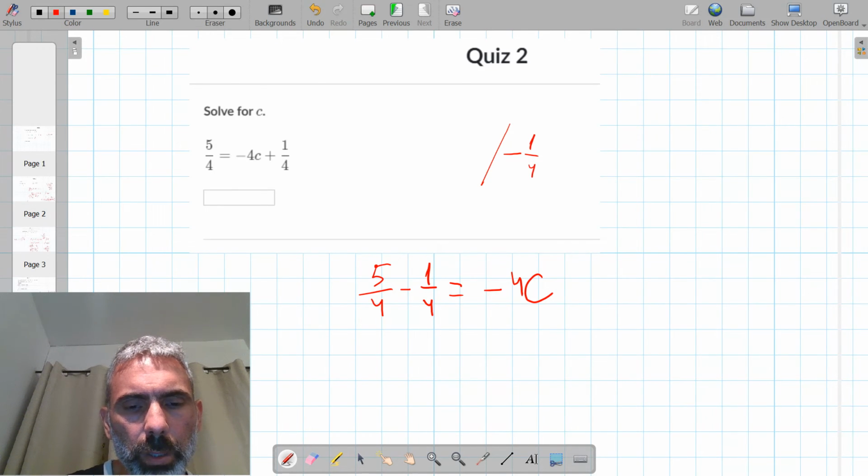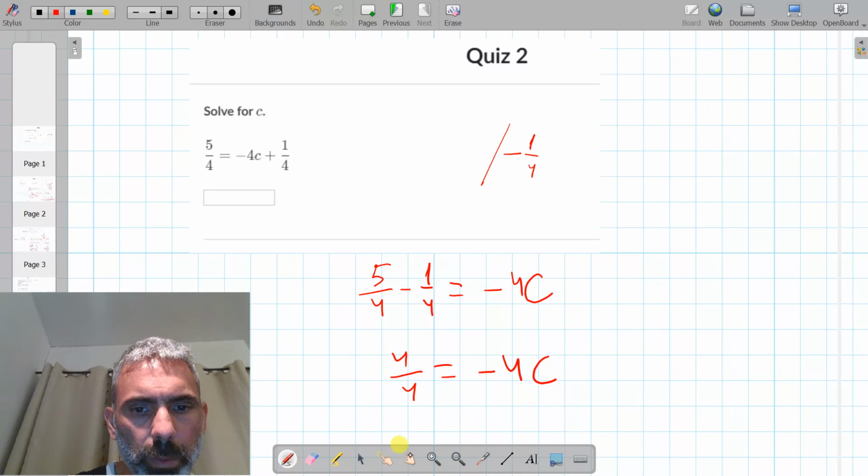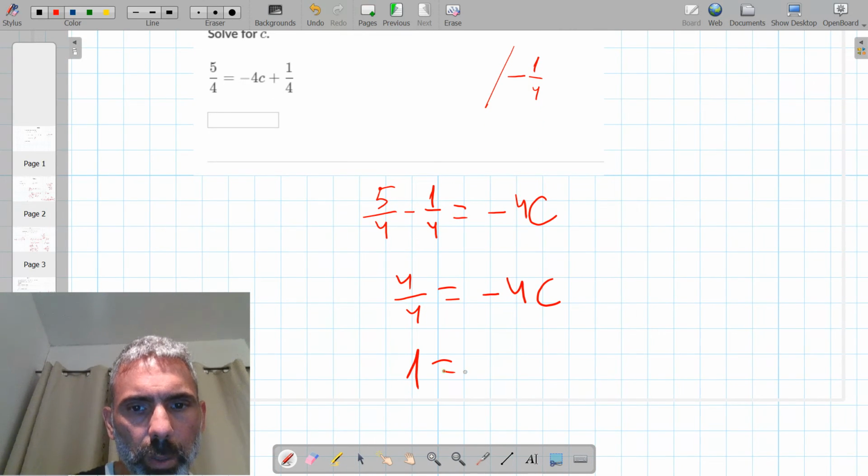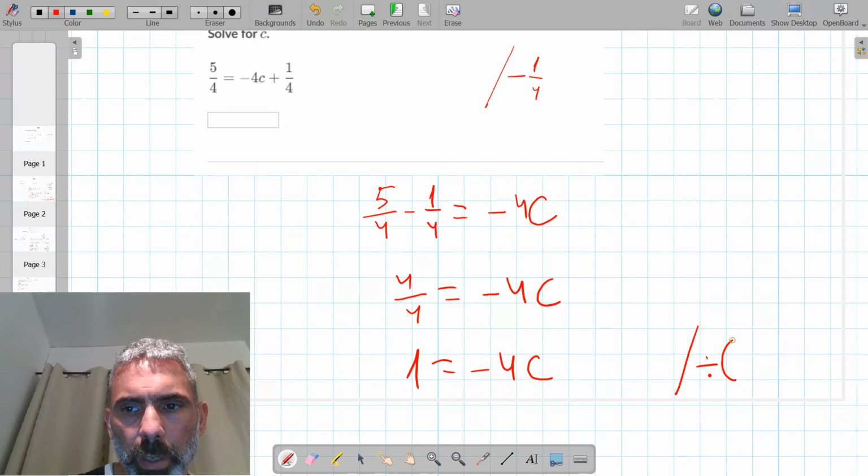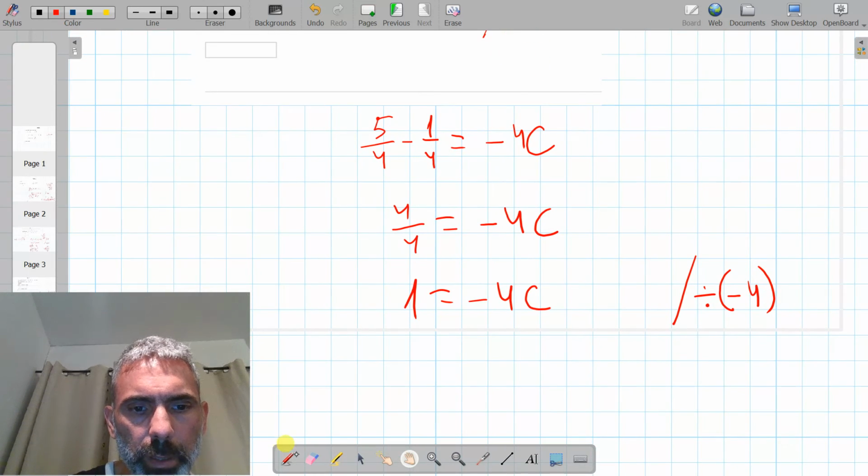Okay. So on the left hand side we are left with 4/4, which is 1 equals minus 4c. So 1 equals minus 4c, and then we need to divide both sides of the equation by minus 4 because we want to isolate the c.